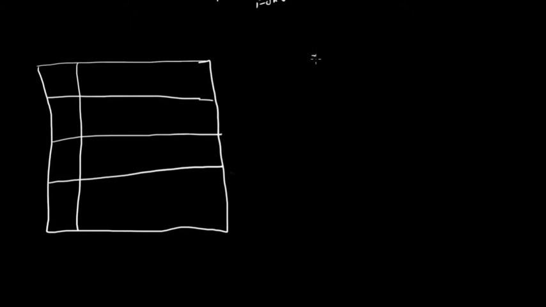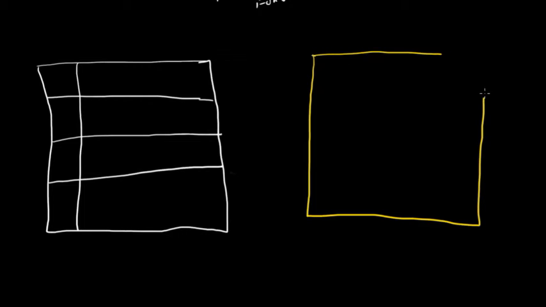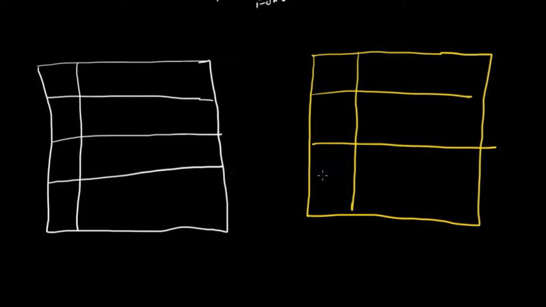Now let's do this one for the factored form here. Let's put that in yellow. Just draw the chart here. 0, 1, and 2. Perfect.